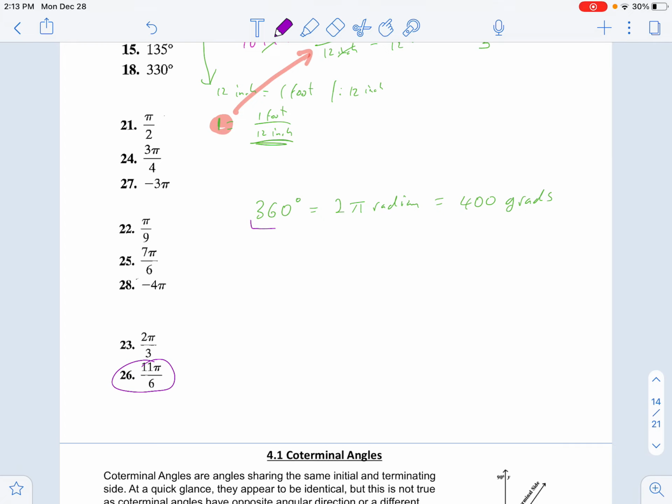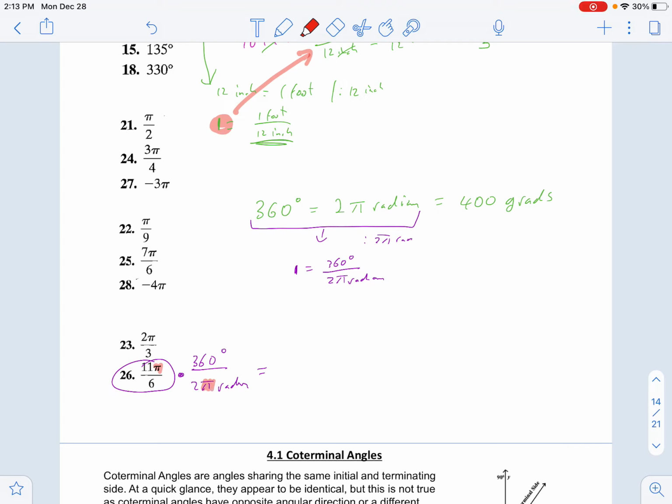I would divide by 2 pi radians, and I would get a 1 equal to 360 degrees divided by 2 pi radians. And that will be my 1 that I'm multiplying by. So this is times 360 divided by 2 pi radians. Notice that the pi's cancel out.